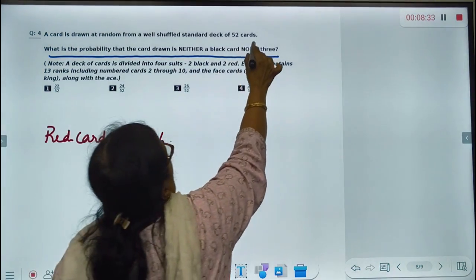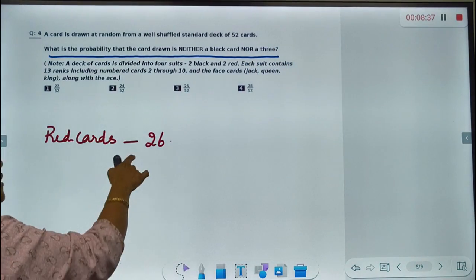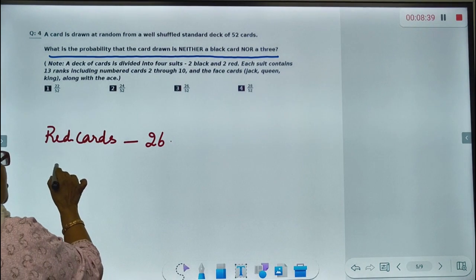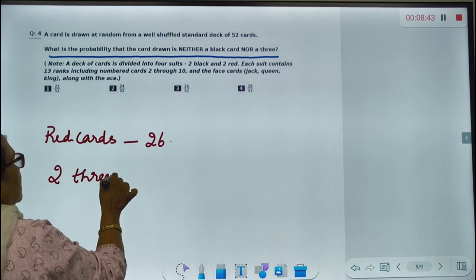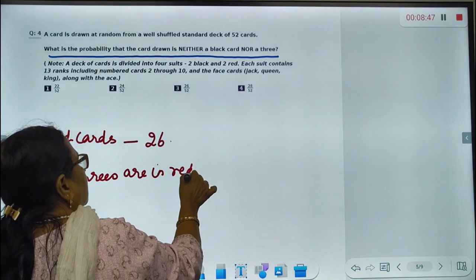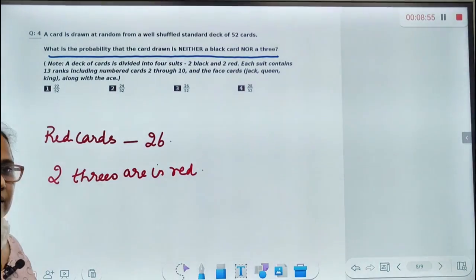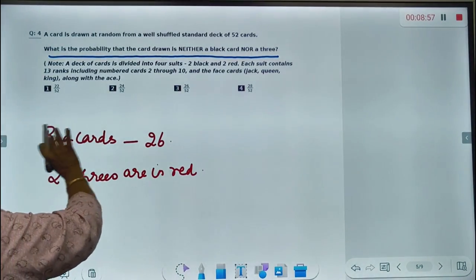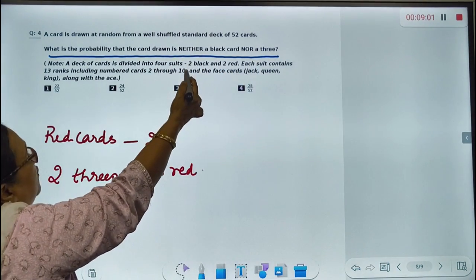But it should not be a 3 also. How many 3s are there in red cards? Any number you say, there are 4. 2 are in red, 2 are in black. We want a card which is neither a black nor a 3. What is the probability of that?